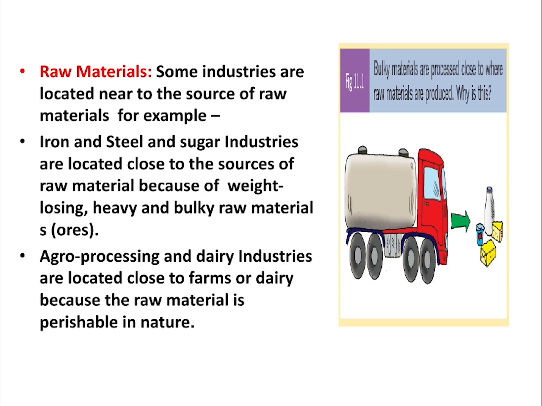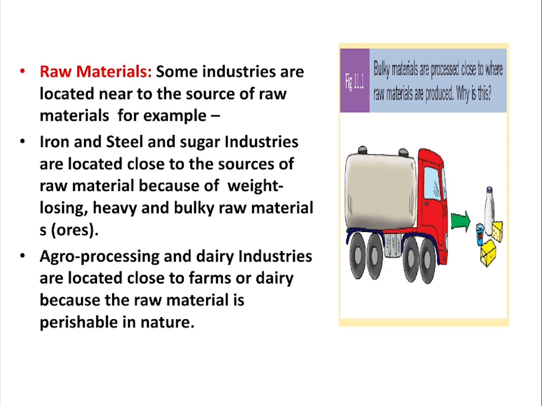Because of that, most iron and steel and sugar industries are located near the source of raw material. Another thing is that most agro-processing, agriculture-related industries and dairy industries are located near the source of raw material, the farm or agriculture, because these raw materials are perishable in nature.